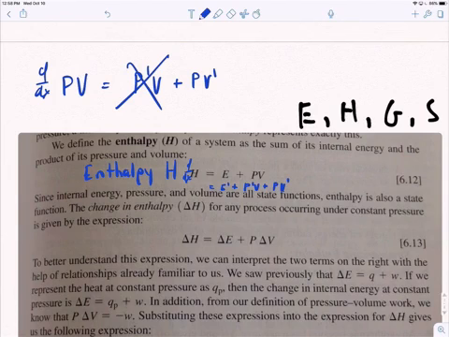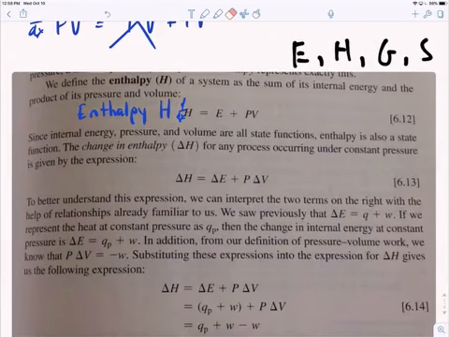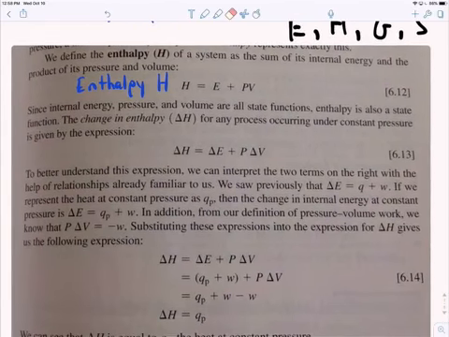Constant pressure gets rid of that term, and you're left with this. So there's your calculus. Although this class does not require calculus, there's calculus in chemistry.